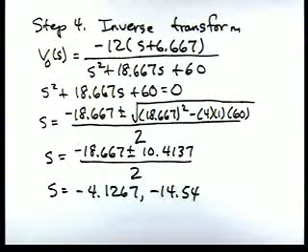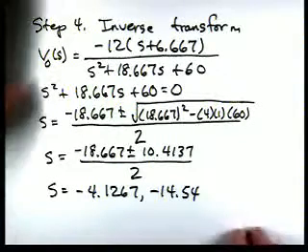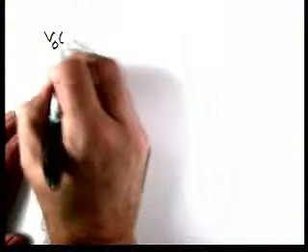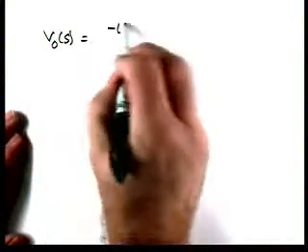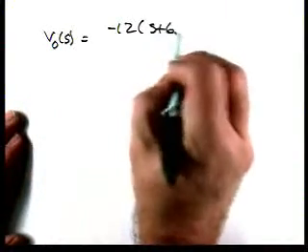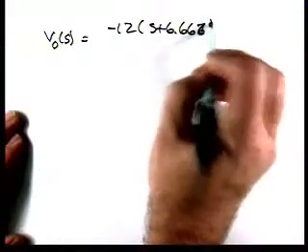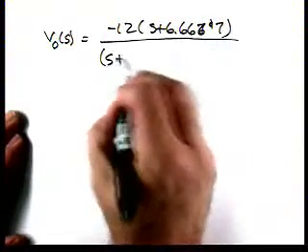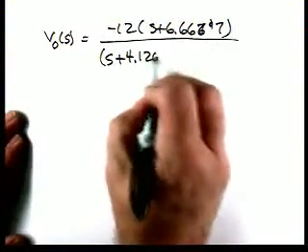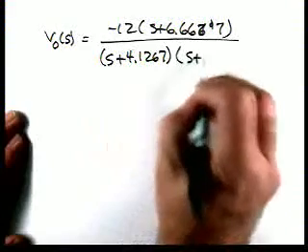So continuing on with our inverse transform, we have V0 is minus 12 times S plus 6.667 over S plus 4.1267 times S plus 14.54.